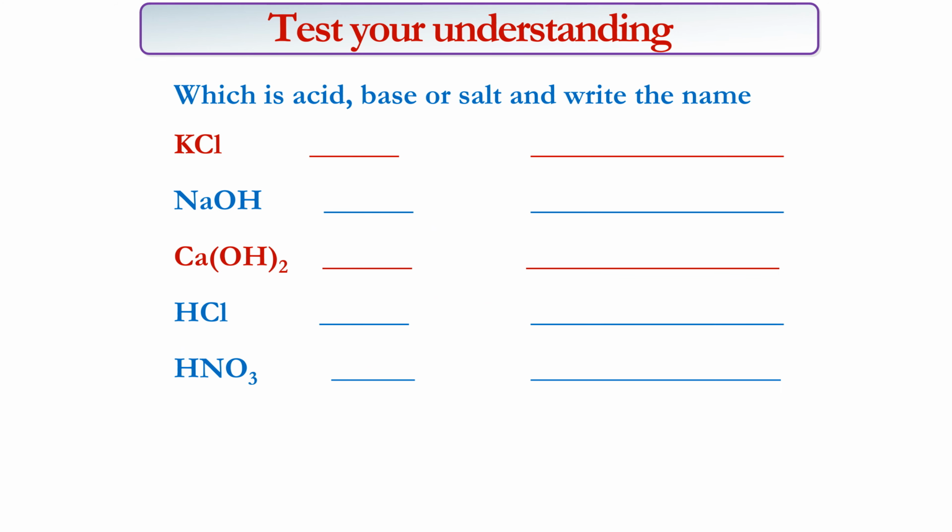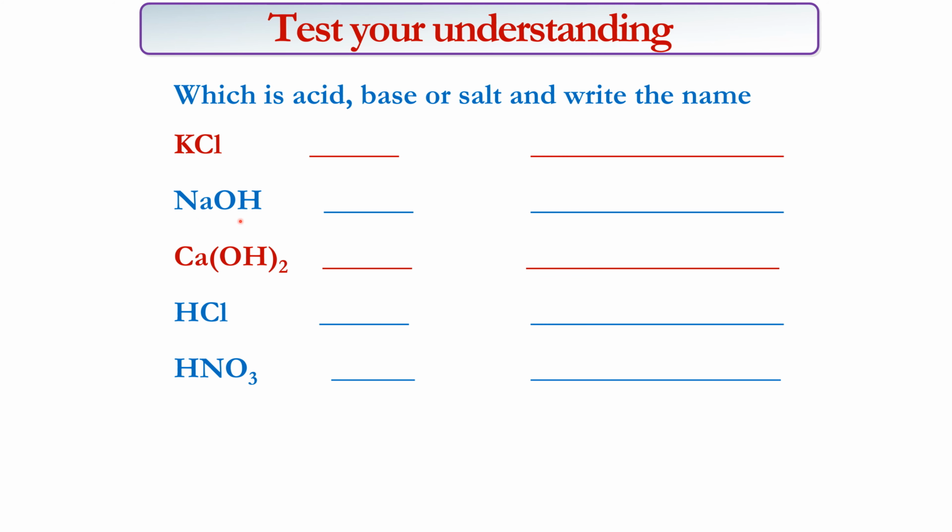Okay, so let's test our understanding. Which is an acid, base or salt, and write the name. So KCl is a salt, potassium is positively charged, chlorine is negatively charged. So it has two oppositely charged ions. So this is a salt, and the name is potassium chloride.